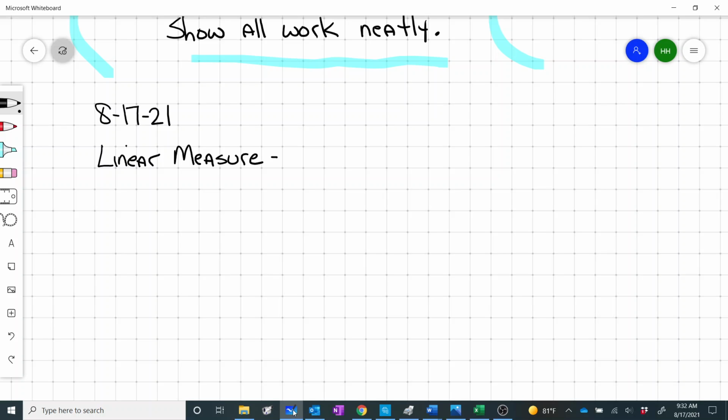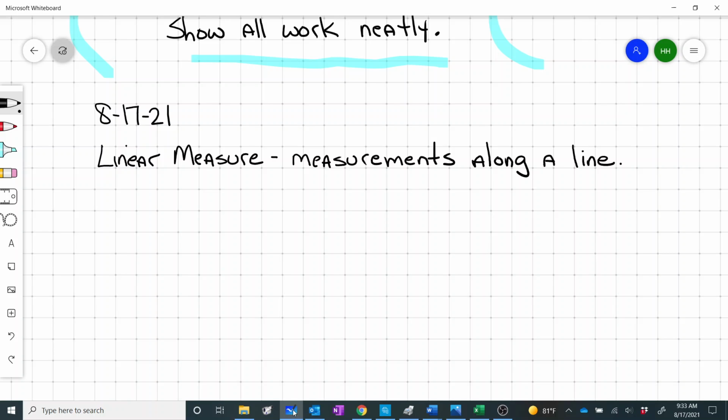Linear measure. That's measurements along a line. Alright, linear, that's a fancy word for line.